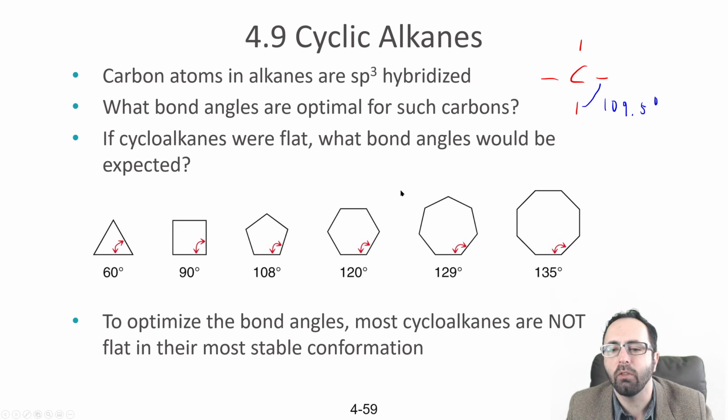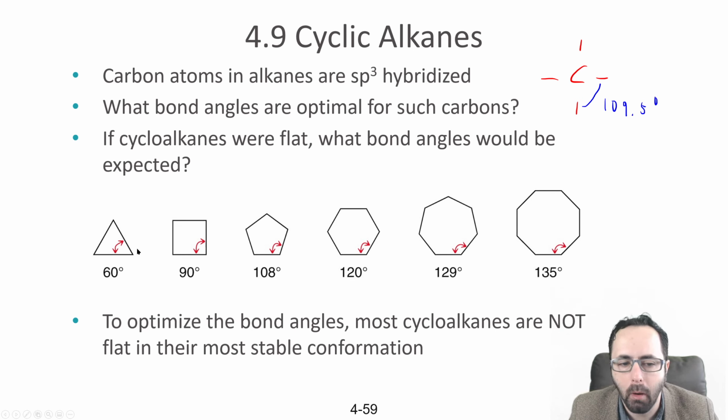Now, if molecules were flat, what bond angles would you expect? Well, it would be 60 for cyclopropane, 90 for cyclobutane, 108 for cyclopentane, 120 for cyclohexane, and so forth. However, real molecules are not necessarily flat. They're in 3 dimensions, and so these are not the actual bond angles exhibited in these molecules.